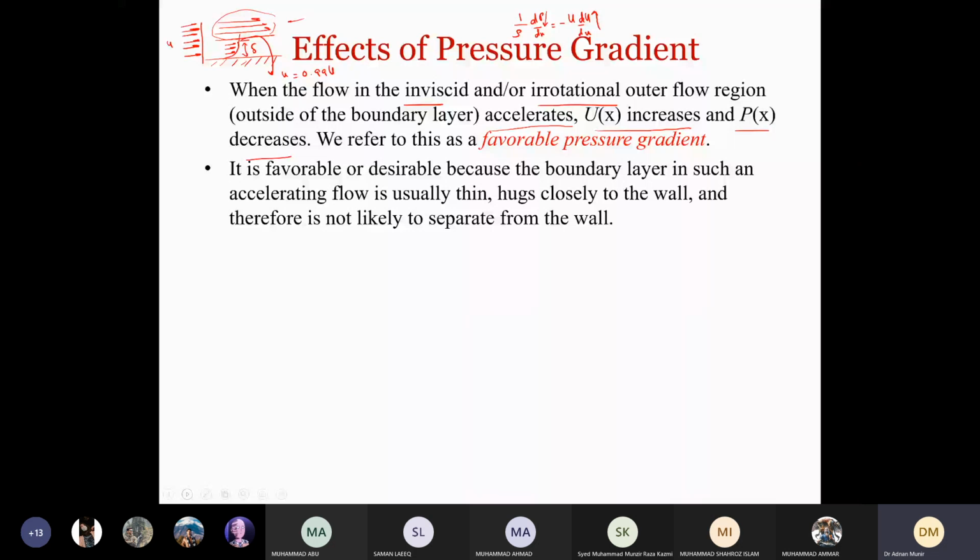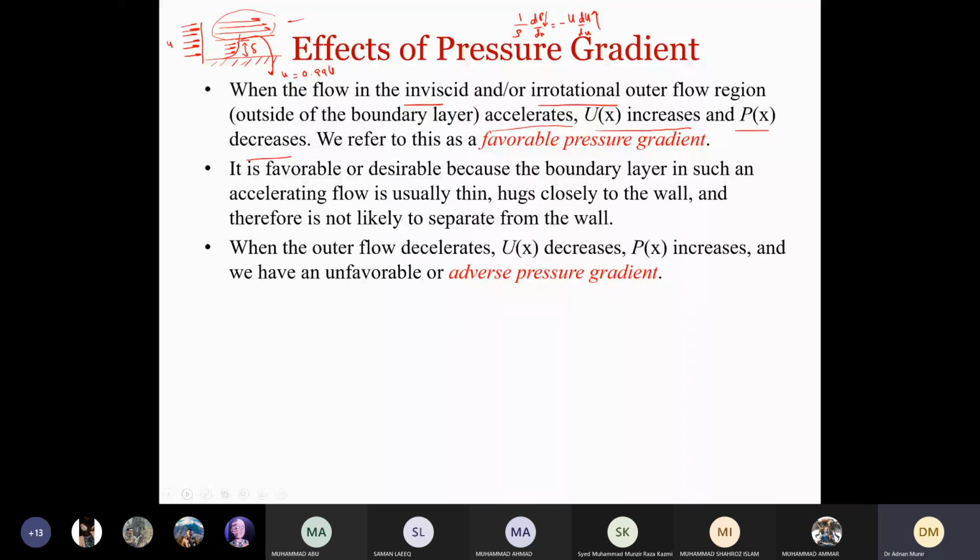On the contrary, we have another region where the outer flow decelerates. If you look at this region, the region of boundary layer will be denoted by BL. When the flow decelerates, U will decrease. When U decreases, P will increase.